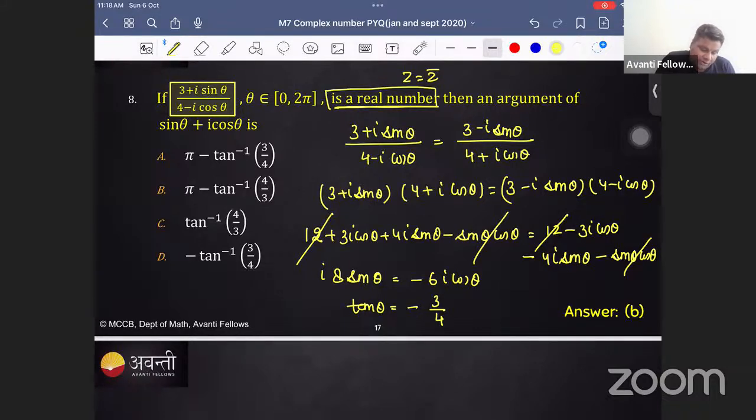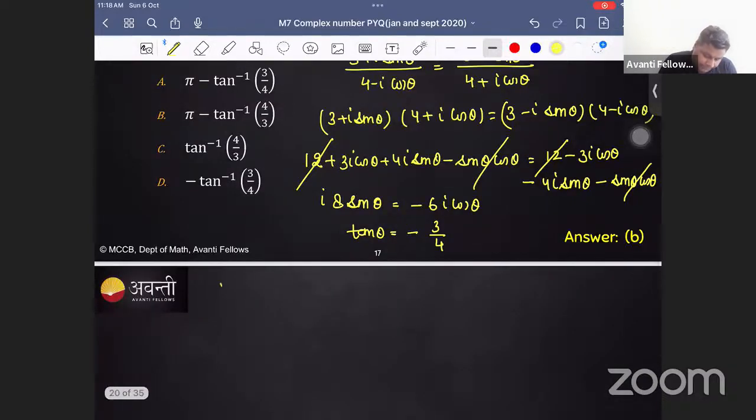Now they're asking for the argument of sin θ + i cos θ. Now see, argument is what? It is cos θ + i sin θ, not sin θ + i cos θ. Am I correct? When do we talk about argument?